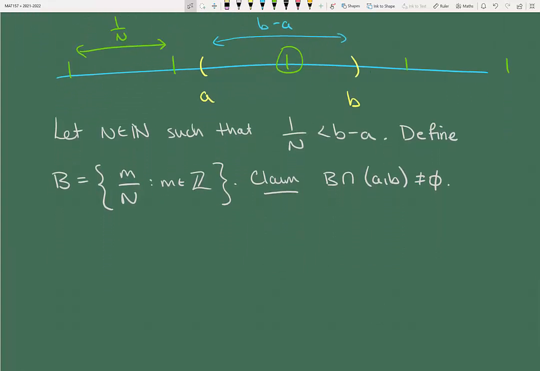Okay, so to prove this, we're going to assume for the sake of contradiction that there is no such intersection. That the intersection between B and the open interval (a, b) is actually empty.